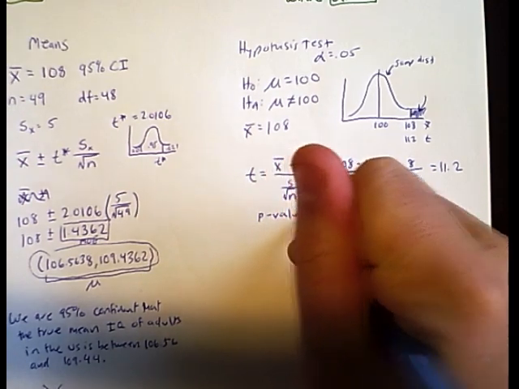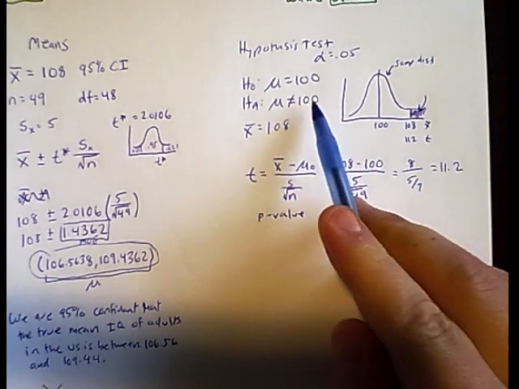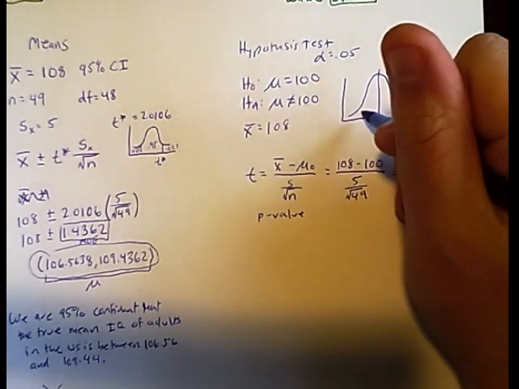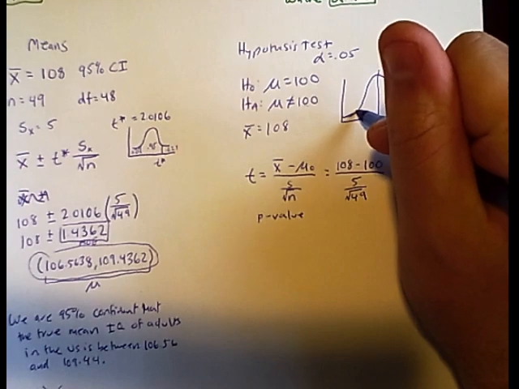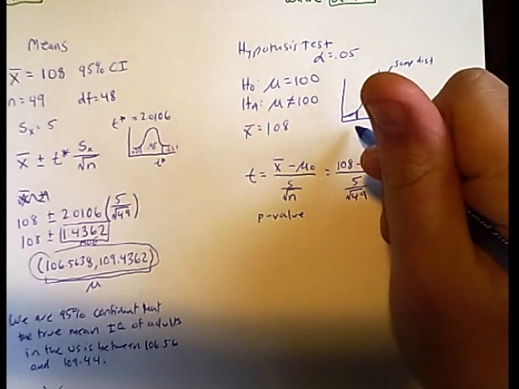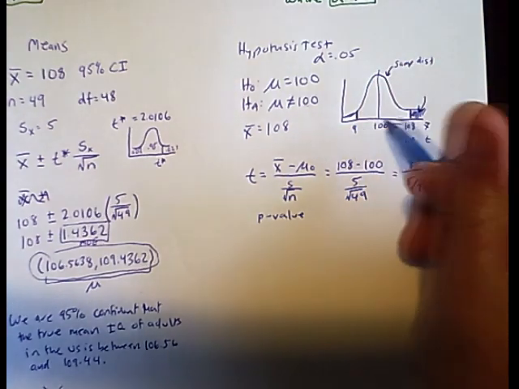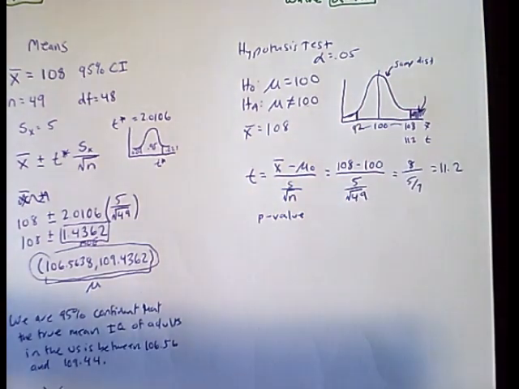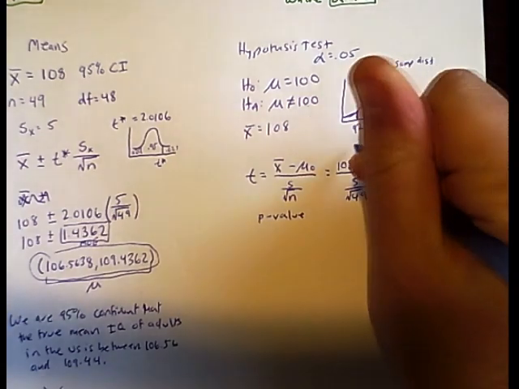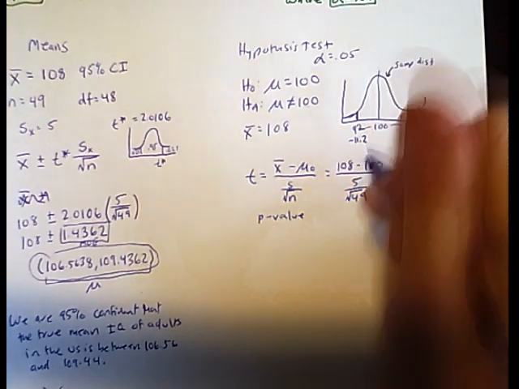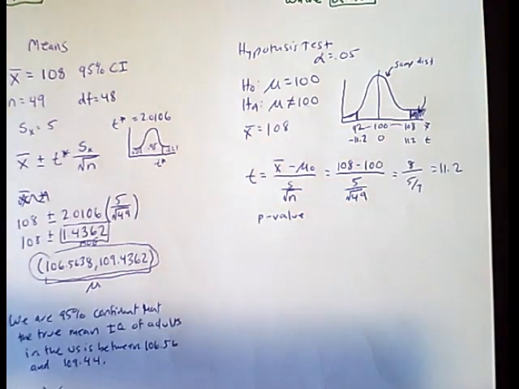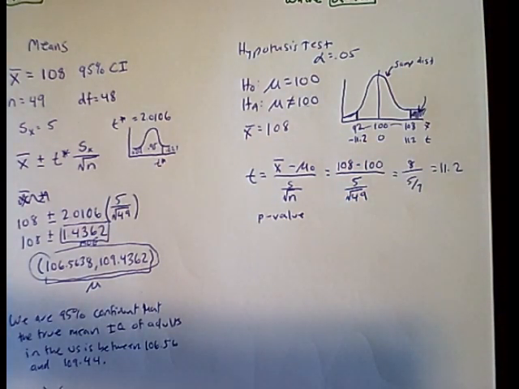Now, you got to be careful here, because this is a two-sided test. Okay? And because it's a two-sided test, after we find this area, we actually have to double it. Just like if it was 8 away on this side, it's got to be 8 away on this side. So it's 92 there, 8 less, which would correspond to a t-statistic of negative 11.2, because the center would have a t-value of 0, because we're normalizing that.